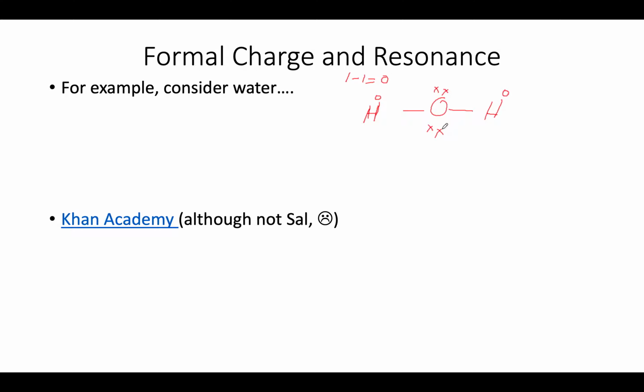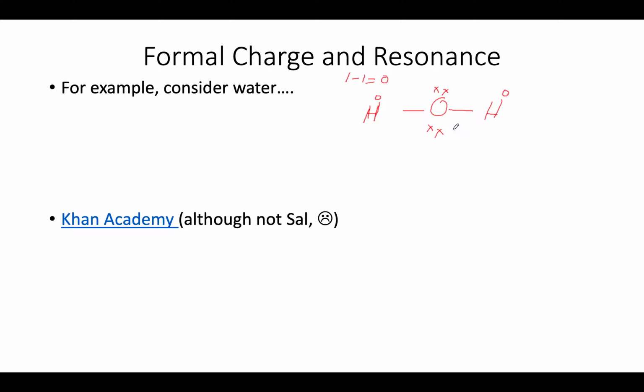Now, oxygen, on the other hand, the lone pairs right there are not being shared with any other atoms around. And so the oxygen, quote unquote, owns them all. So it owns 1, 2, 3, 4 electrons from the lone pairs. And then it owns one from that bonding pair and one from that bonding pair.